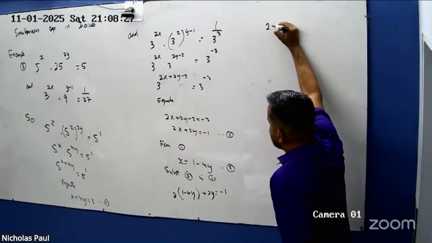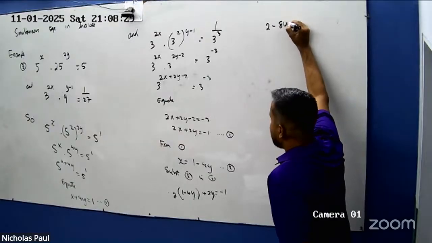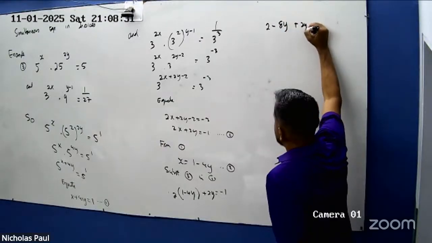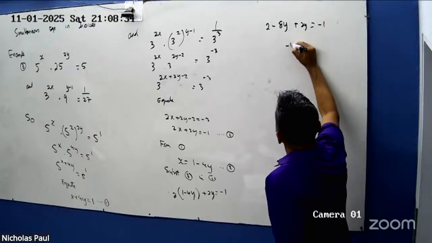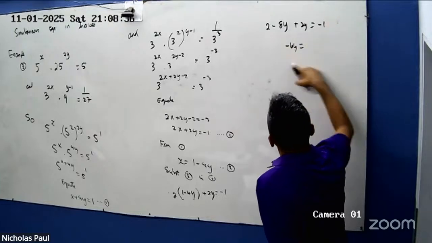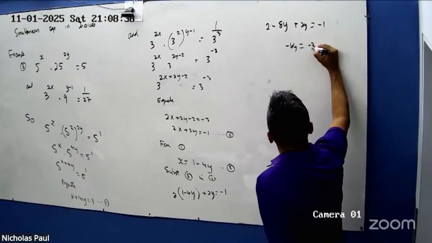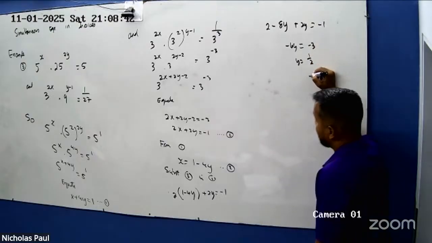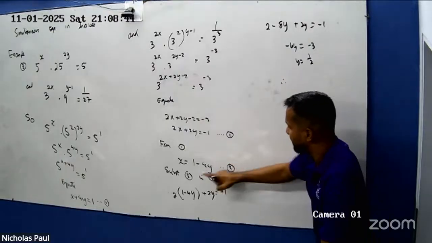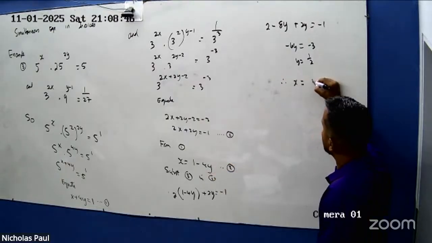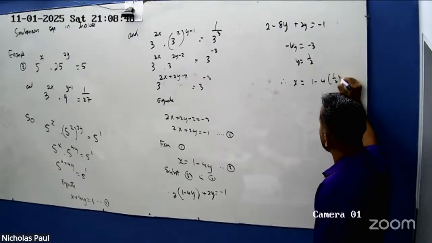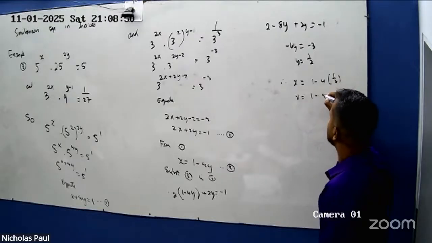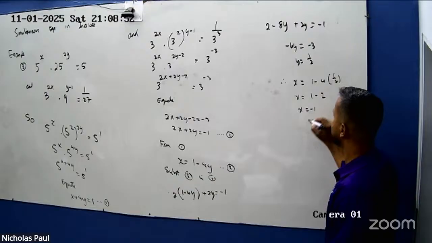So that's 2 minus 8y plus 2y is minus 1, minus 6y. Move across the 2, I got y to be a half. Yeah, y is a half. And x is what? x is equal to 1 minus 4 by a half. x is 1 minus 2. x is minus 1.